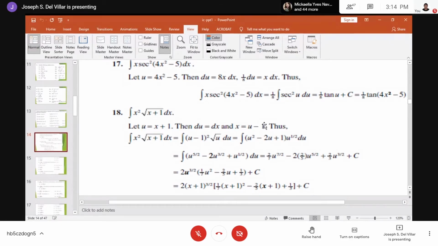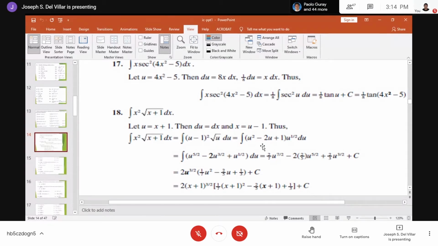Okay? Kaya ito, nanggaling to dun sa representation. Okay? So expressing now the given in terms of u, magiging the integral of u minus 1 closed quantity squared times the square root of u du. Okay?